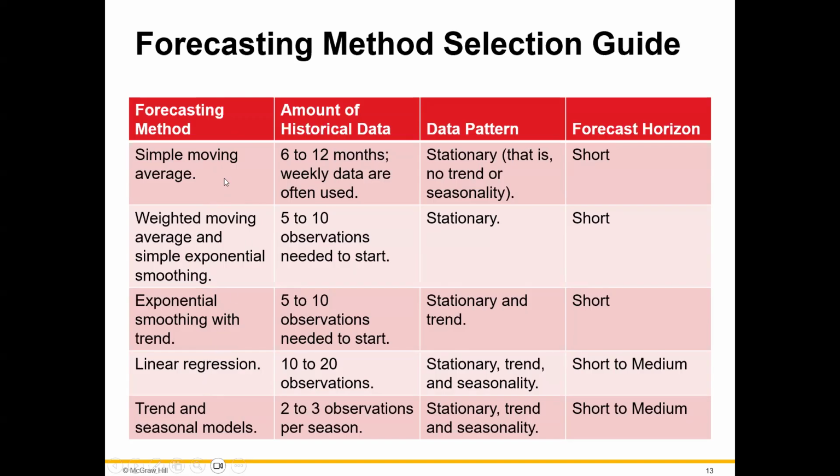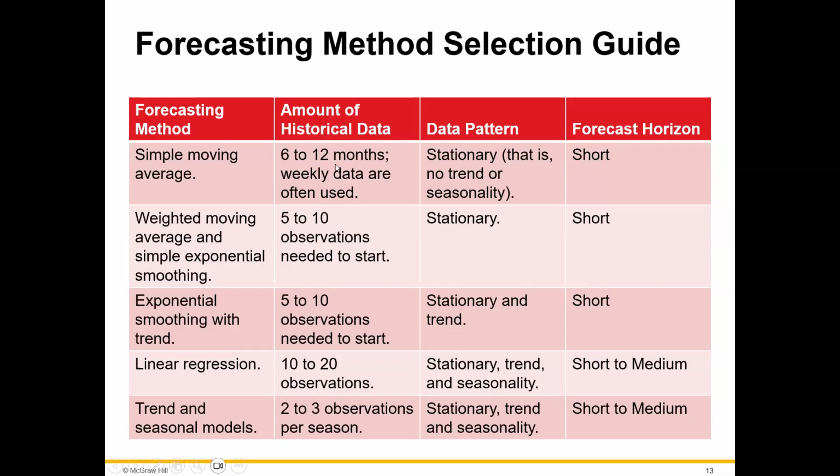As an example, we can look at simple moving average. You need 6 to 12 months of historical data. Usually weekly data are used. The data pattern needs to be stationary, with no trend or seasonality present. And that's for a short-term forecast.